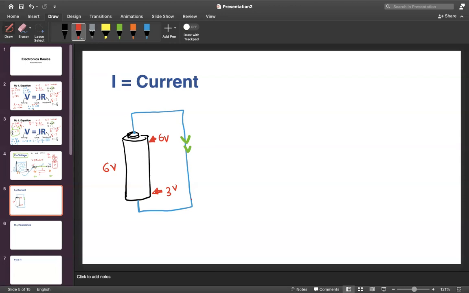Himal, is that correct? Correct, sir. Why does the current flow that way? Current goes from positive to negative, which means from a higher voltage to a lower voltage.